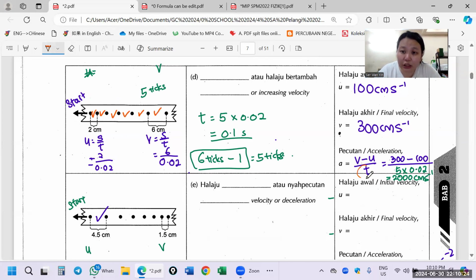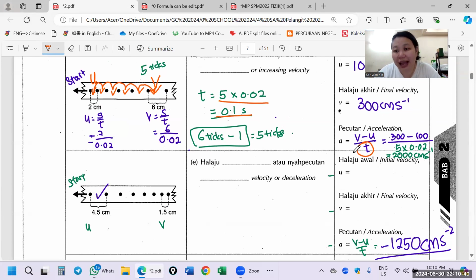But for acceleration, it's the time in between U and V, so actually it's 1, 2, 3, 4, 5. 5 ticks means 5 times 0.02.